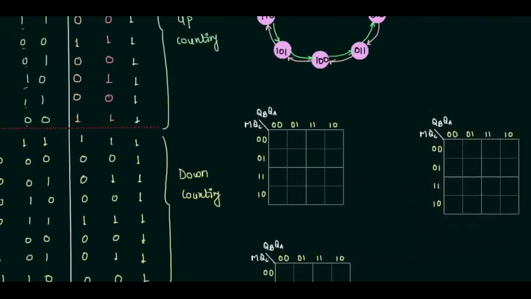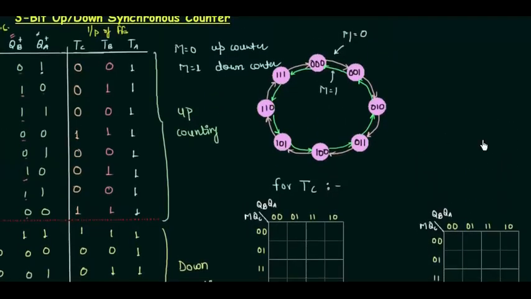Okay, first I will find out the value for TC. So this first map is for TC, and we will fill it by this table.